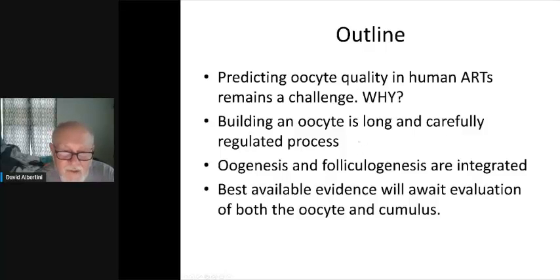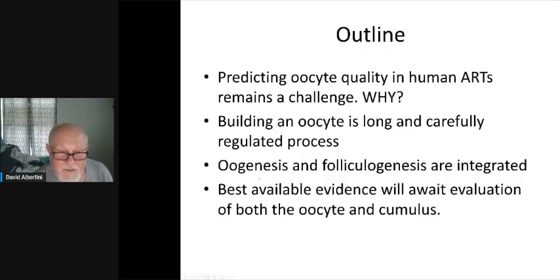Again, we have to reflect upon the fact that building an oocyte is a long, carefully regulated process that is very complicated. And I'll review for you some of the features that we've come to understand, especially now in the context of being able to study human oocytes directly because of the efforts of the fertility preservation movement.